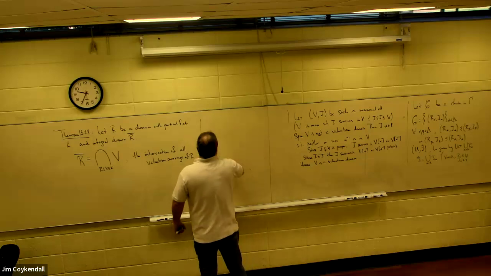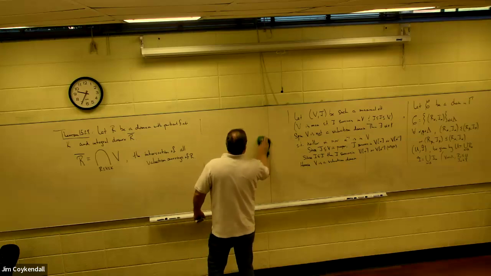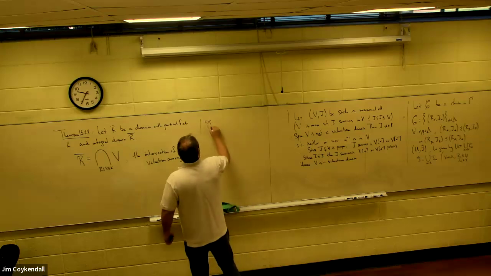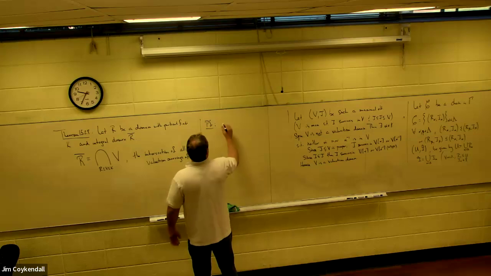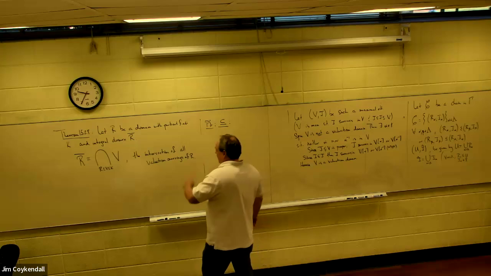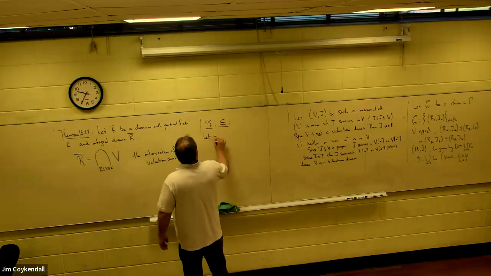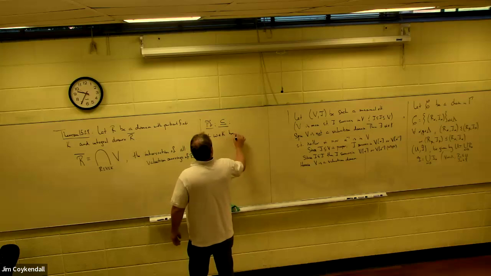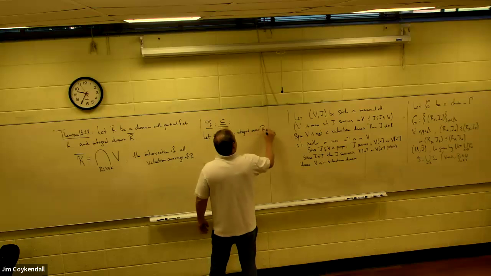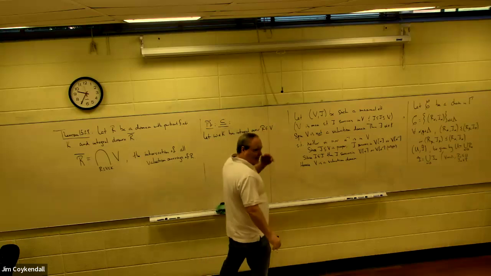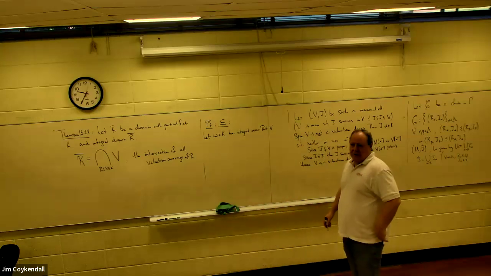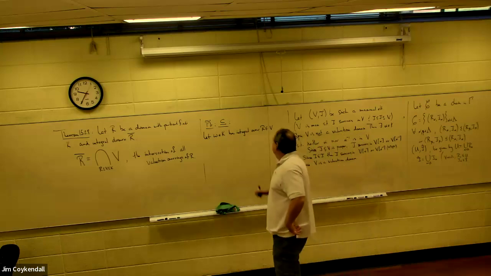One of the containments, as you might expect, is decidedly easier than the other. Let's let omega in K be integral over R, and let V be any valuation overring of it.